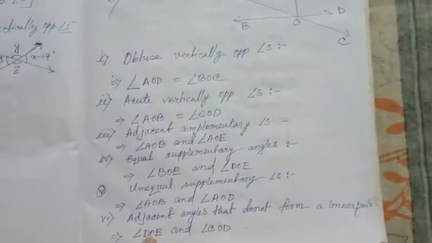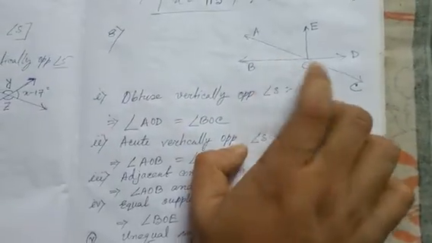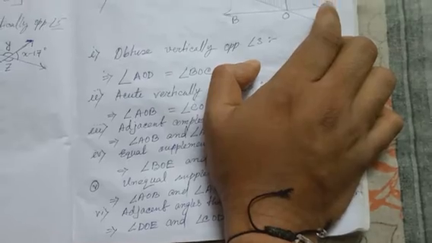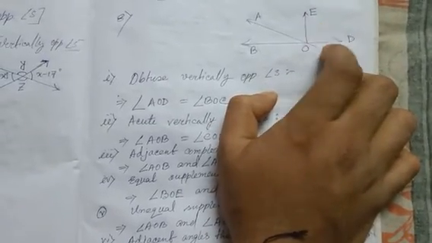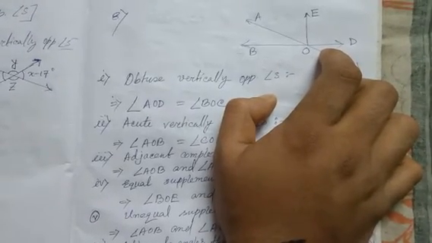Here we write angle DOE and angle COD. This angle and this angle, the sum will not be 180 degrees but they are adjacent angles. So it is adjacent but not a linear pair.